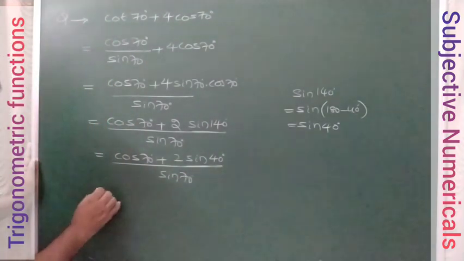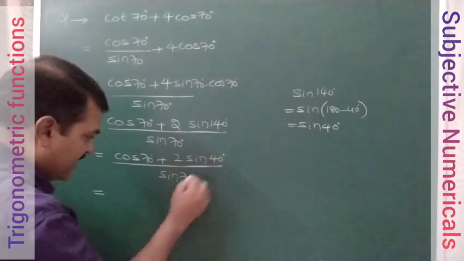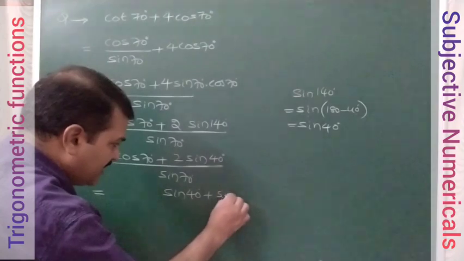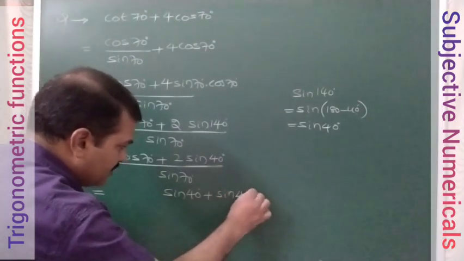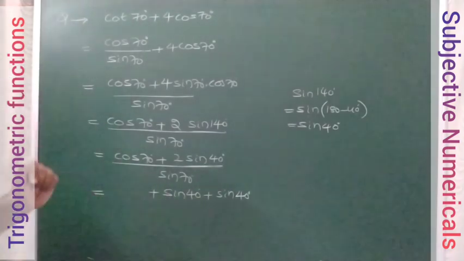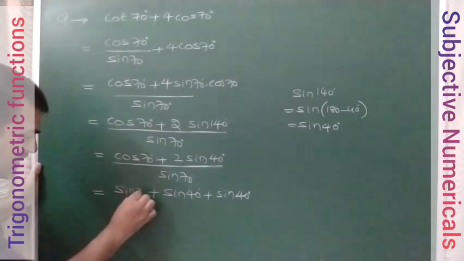Now in order to get the standard formulas, I am writing like this. 2 sin 40, I am splitting as sin 40 plus sin 40. And in order to use transformation formulas, cos 70 can be written as sin 20.